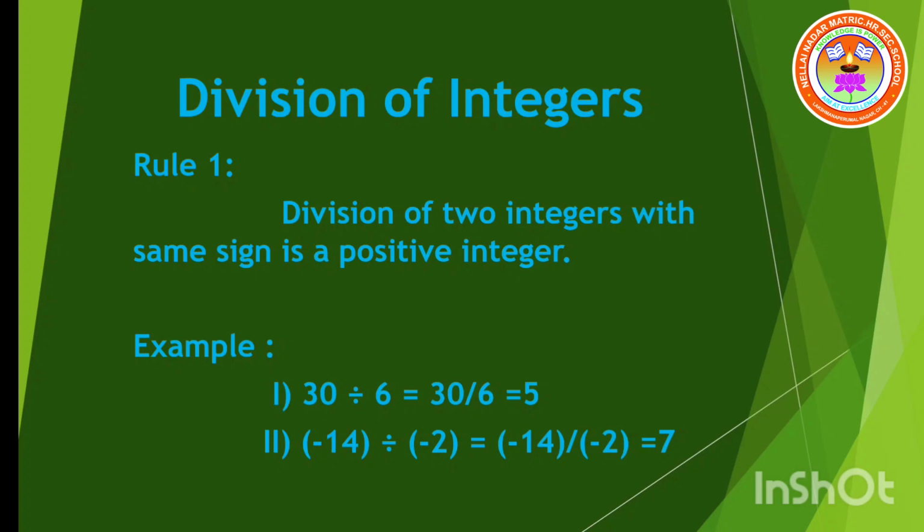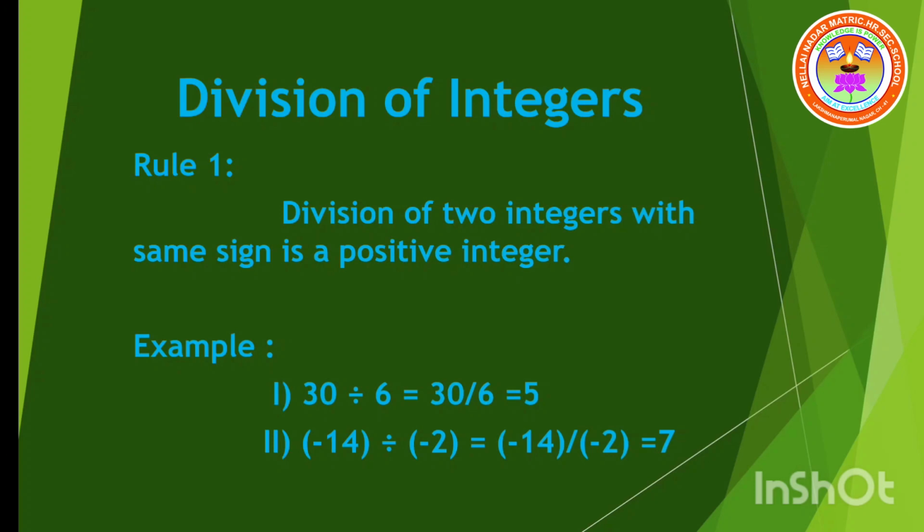I am not bothered whether it is two numbers having plus or two numbers having minus, the answer should be positive. So minus 14 divided by minus 2 is minus 14 by minus 2, and minus and minus will become a positive value.